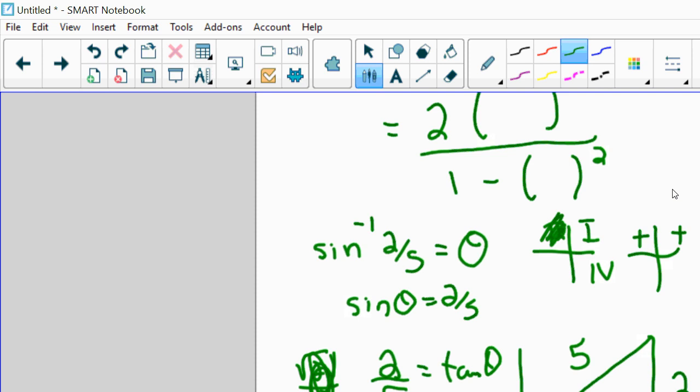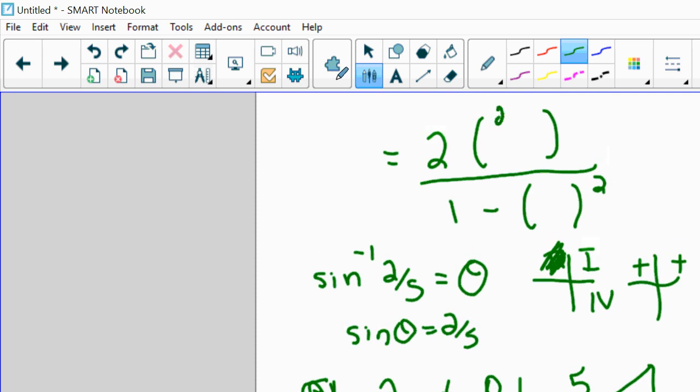And you need to jam it in up here. I guess when I square it, I'd be better off using this. So the 2's cancel.